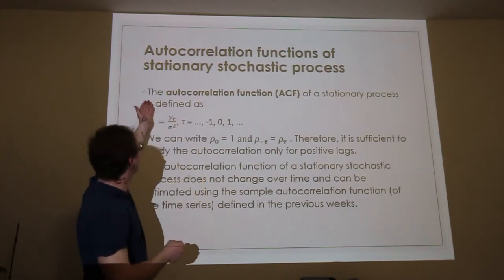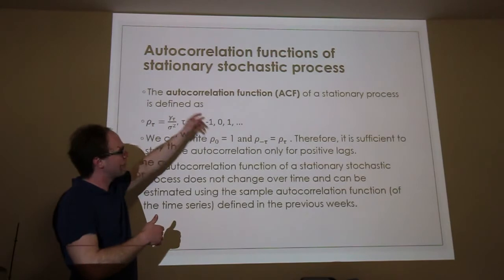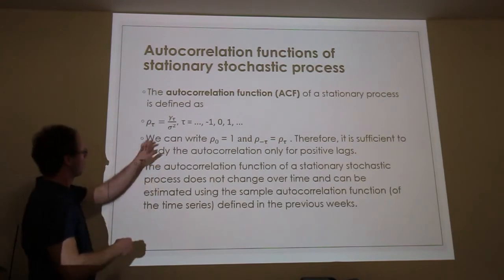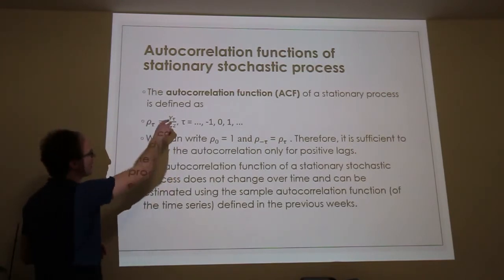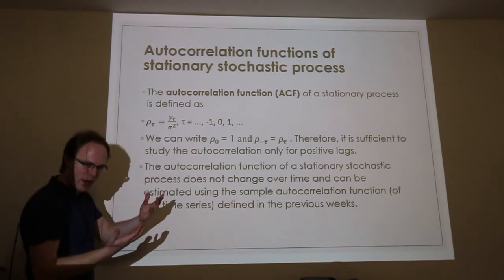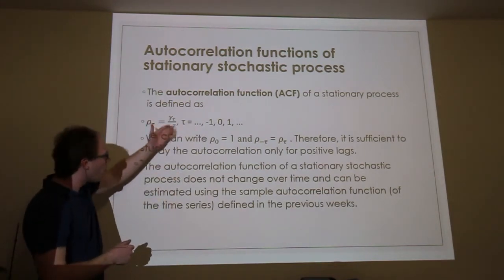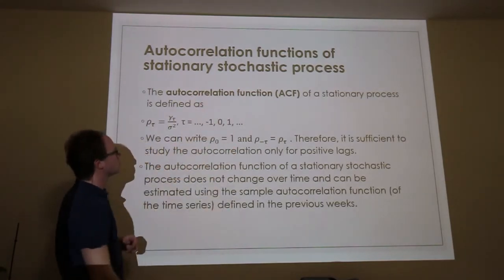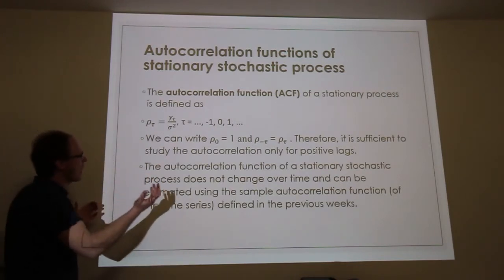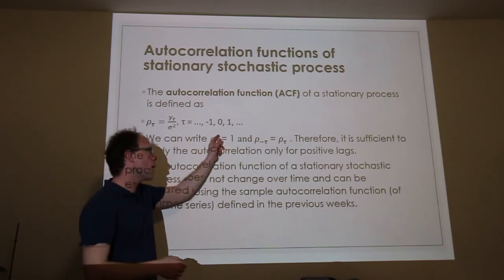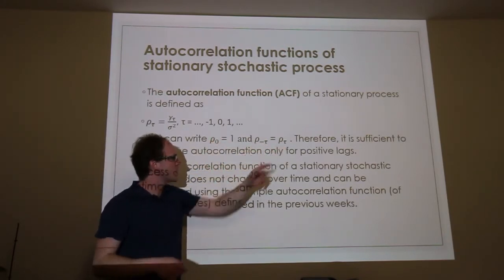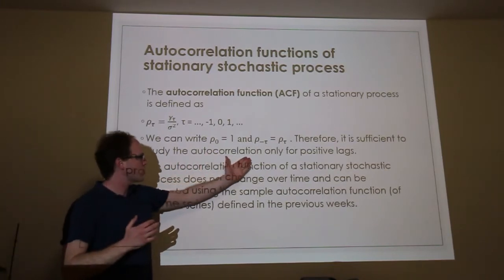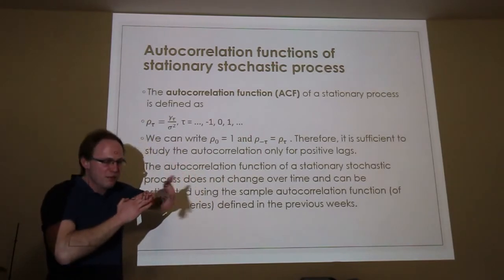The autocorrelation function of a stationary process is defined by a formula: rho in tau is calculated as gamma tau divided by sigma square, the variance. We can write rho 0 is equal to 1 and rho in minus tau is equal to rho in tau. Therefore, it is sufficient to study the autocorrelation only for positive lags.